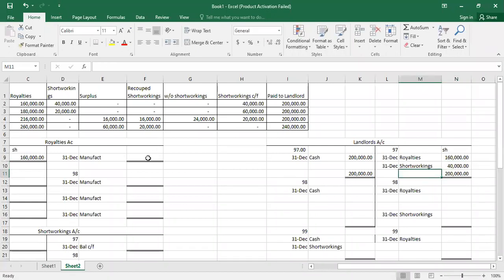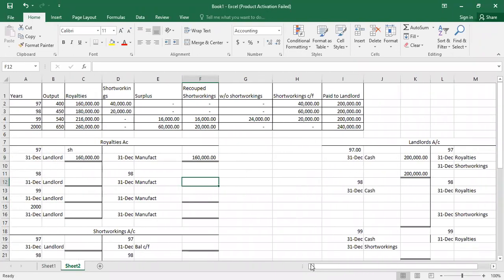So we close it with the manufacturing account. So this will be 160,000. That is year 97, right? So our short workings account, we are supposed to come here and debit the 40. So that's all. This will be our balance to be carried forward in the year 1998.